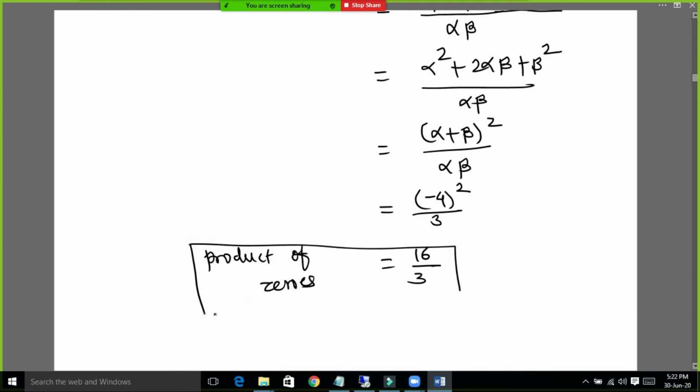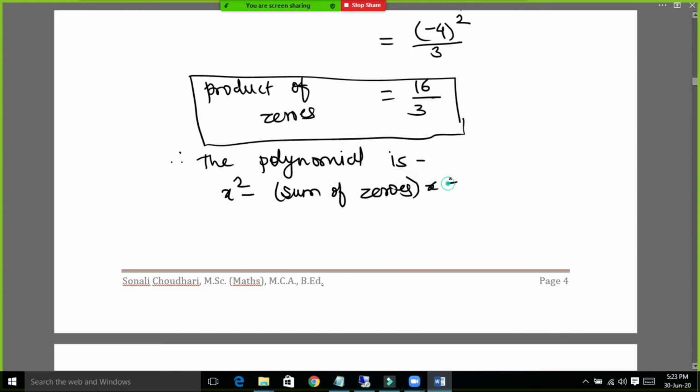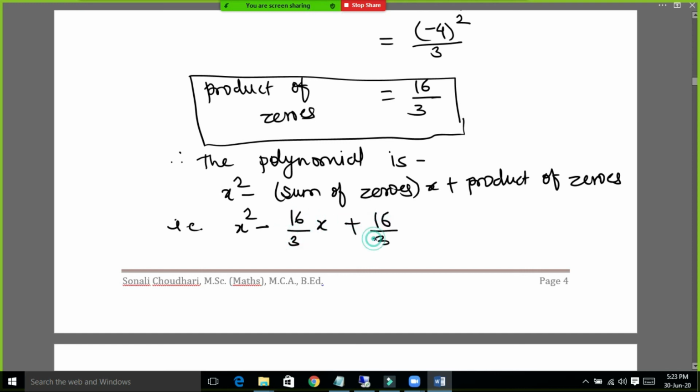Now we form the polynomial. Therefore the polynomial is x square minus sum of zeros into x plus product of zeros, that is x square minus sum of zeros, which is 16 by 3, into x plus product of zeros, which is again 16 by 3.